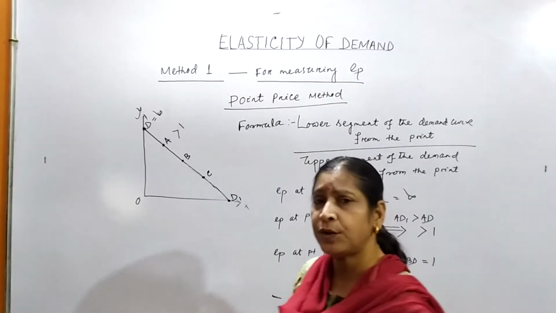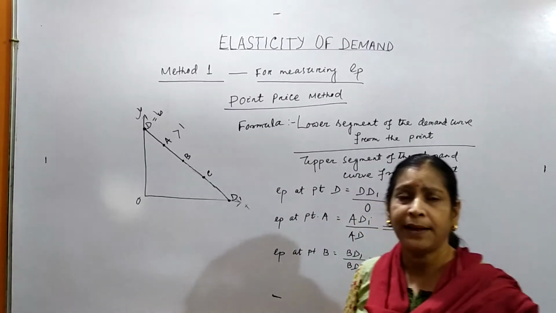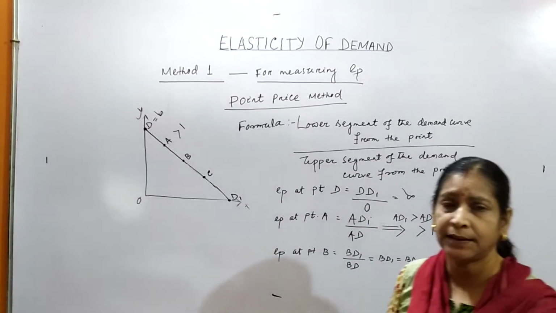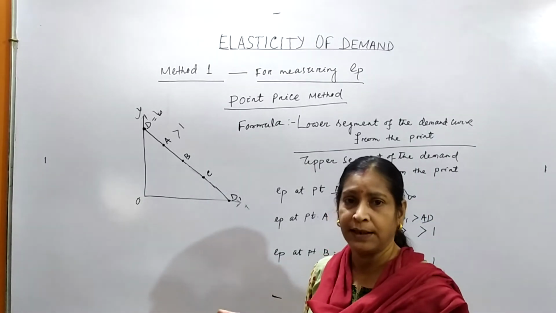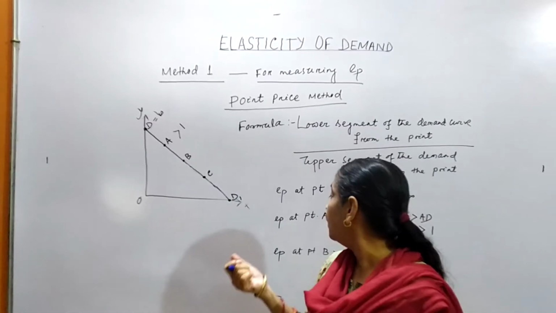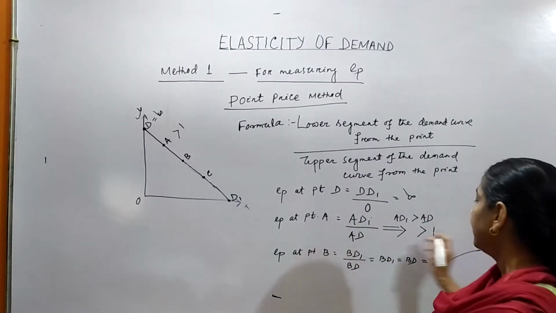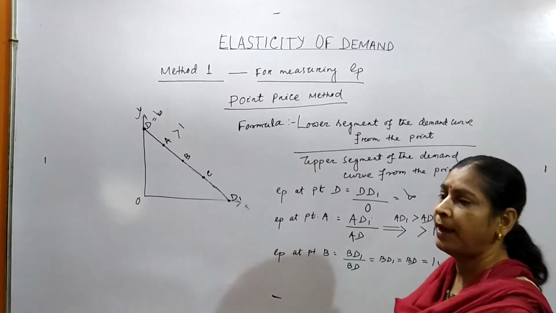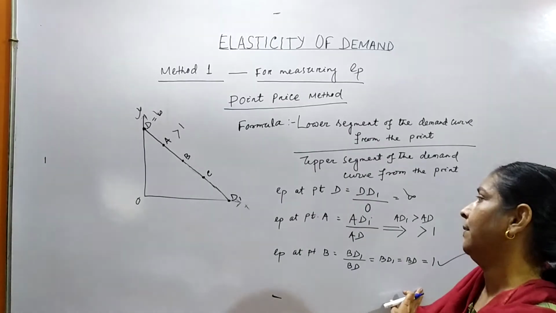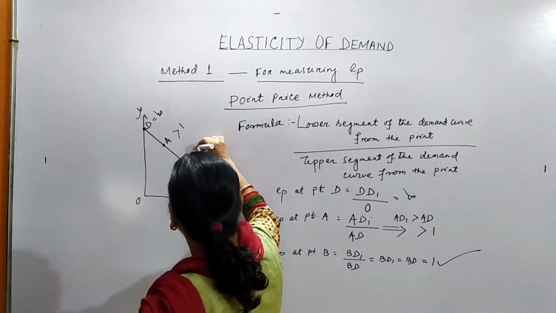So friends, you have to remember that your question will be like this: what will be the value of price elasticity of demand at the middle point of a straight line downward sloping demand curve? So you have to take the answer which is correct. That means on the midpoint of a straight line demand curve, the value of EP is 1.